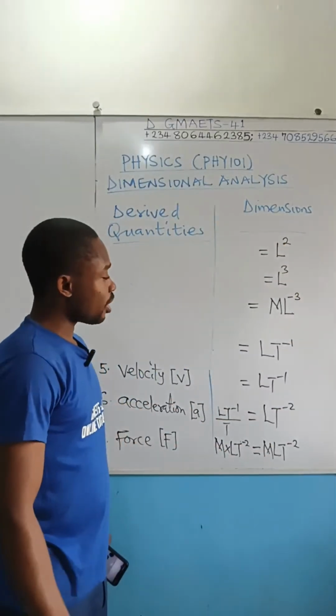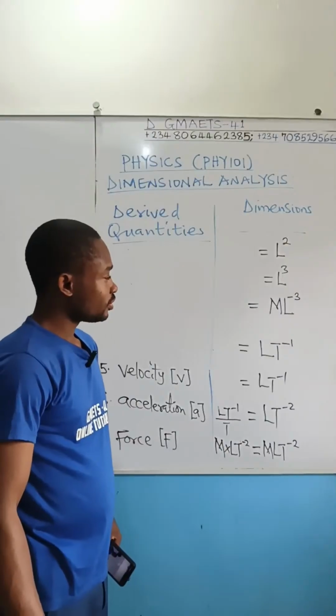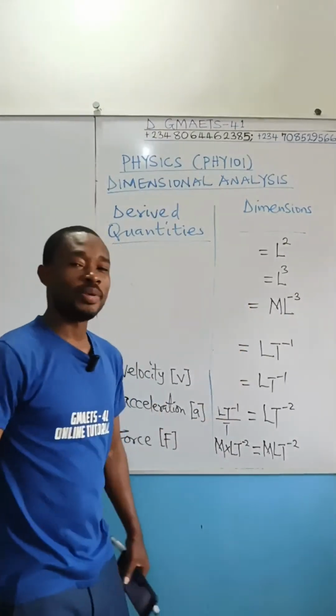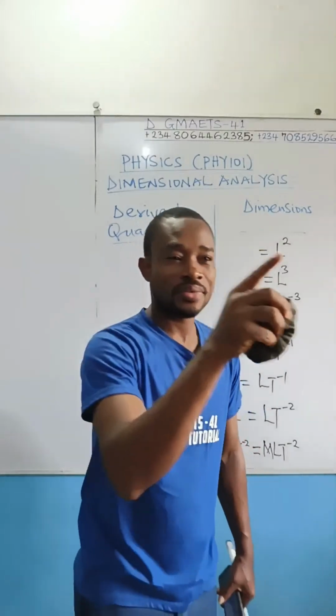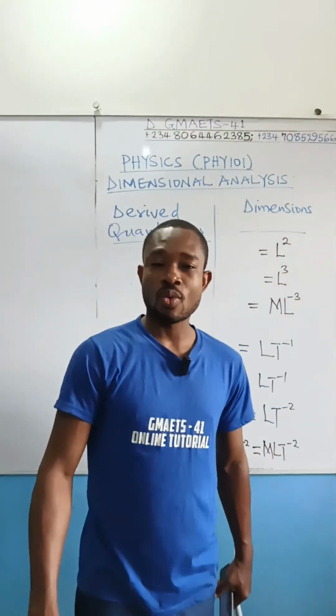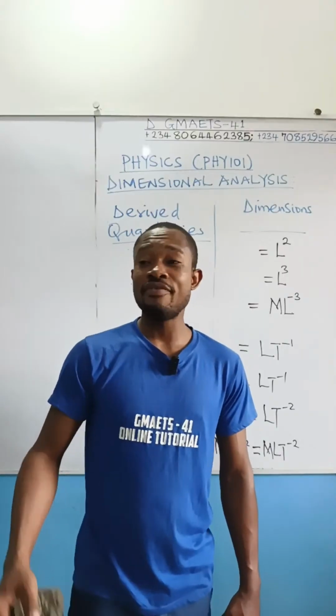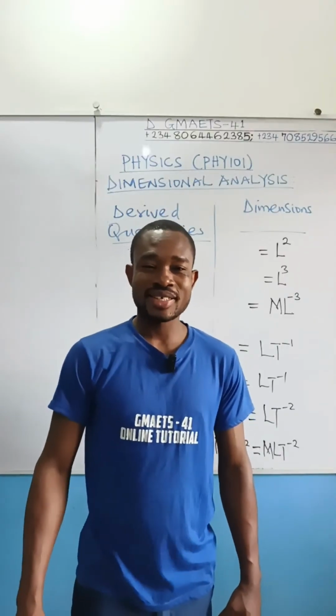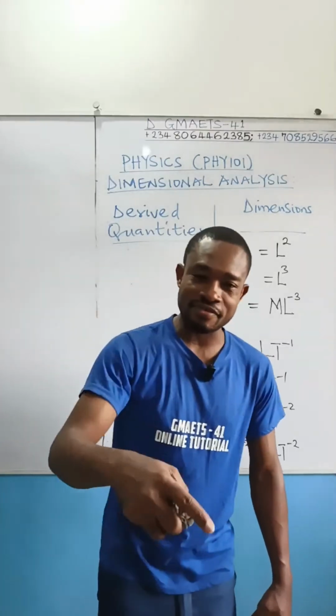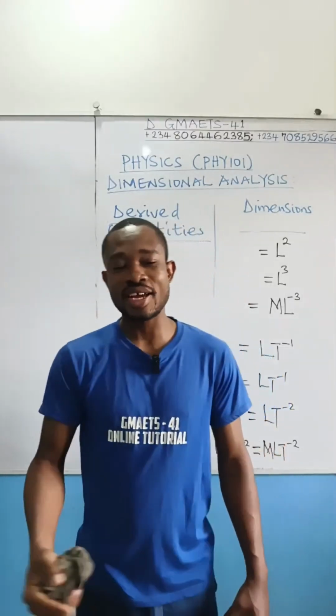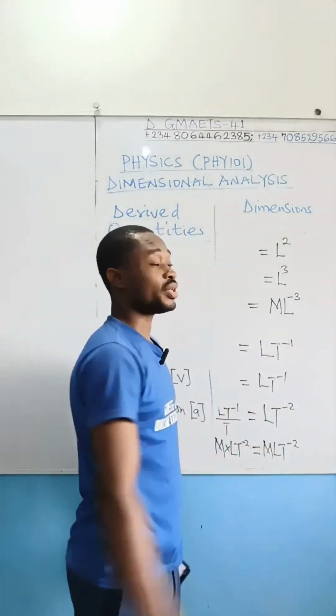So that's why I showed you the derivation. Whenever you are asked to write the dimension of a given quantity, if you choose to derive it, you do it as rough work, except if the examiner says you should derive it, then you can show all these things.